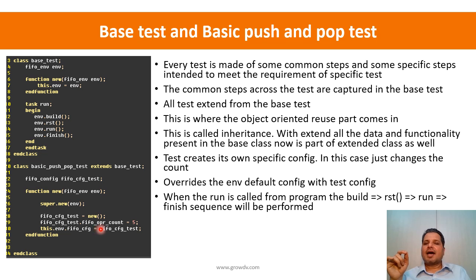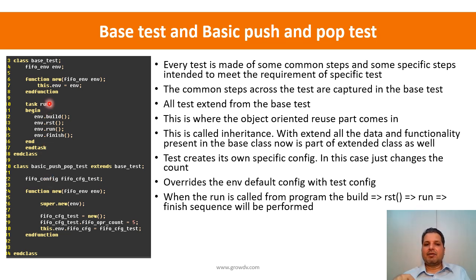Now, when we had done the new of the environment, the default FIFO config was created over there. That default FIFO config is now overridden by the FIFO config that I have defined in the test, correct?